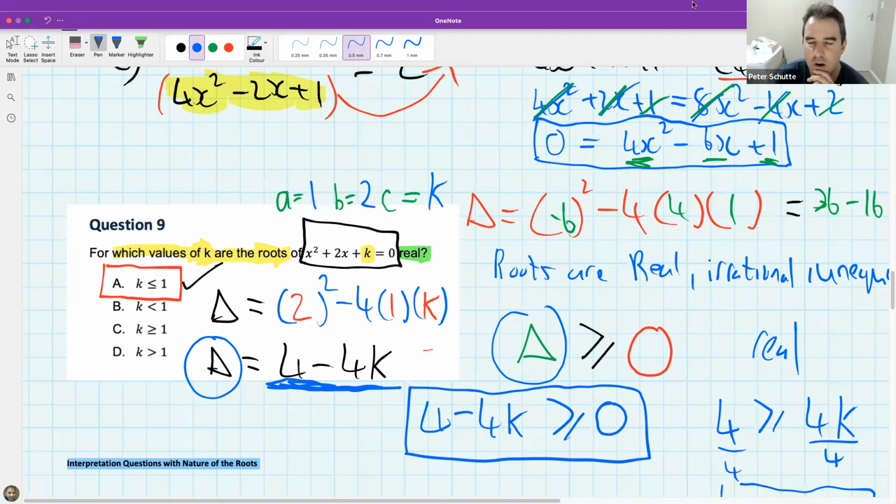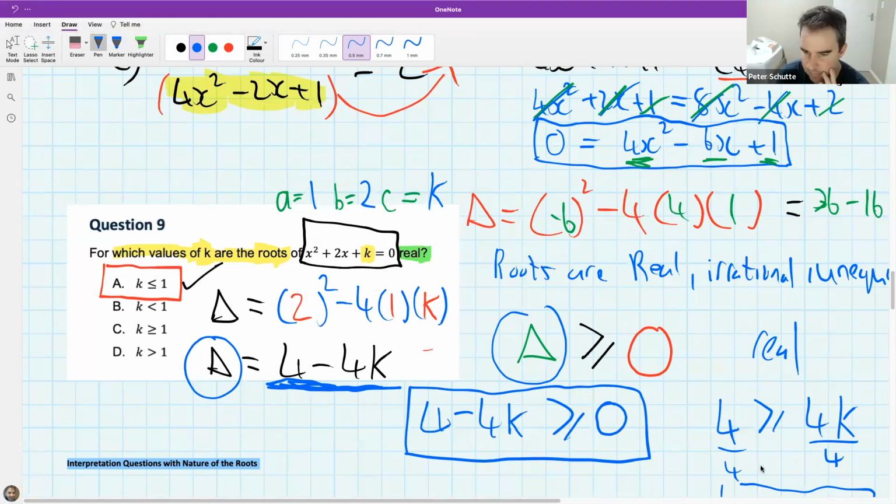So what I wanted to ask is, when you divide by the 4, I heard that sometimes the greater than and less than sign switches its sides. So that's what I wanted to know too. Okay, very good question. It only switches if you are dividing by a negative or multiplying by a negative.